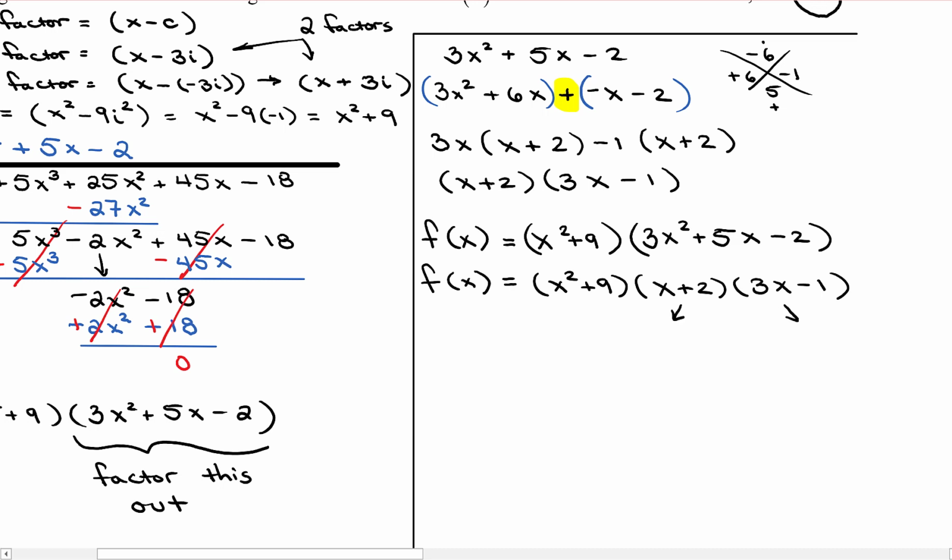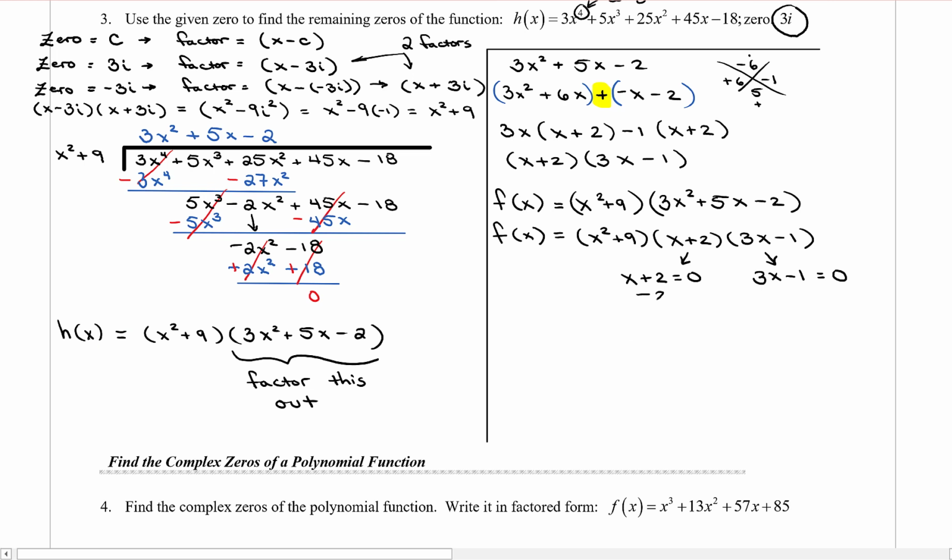Now I'm going to set each one of these new factors that I just found equal to 0 so that I can find the zeros of this polynomial function. I get x equal to negative 2, and I get x is going to be equal to 1/3. Therefore, I have found my zeros.